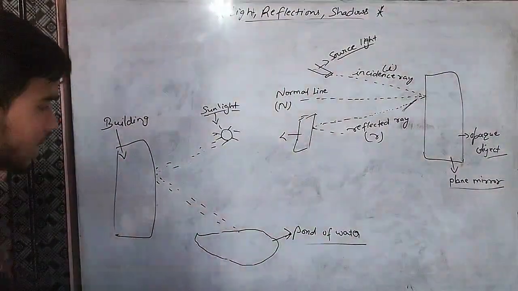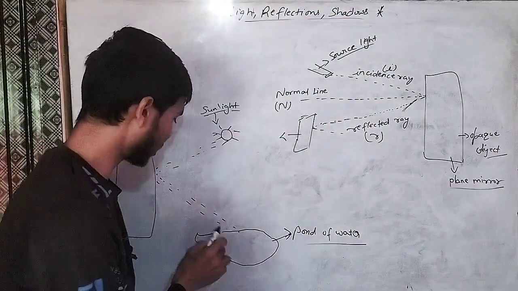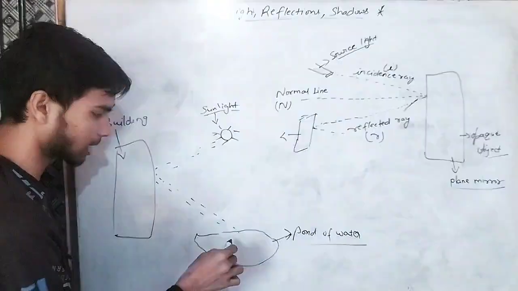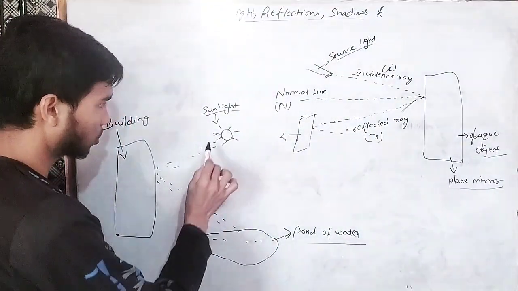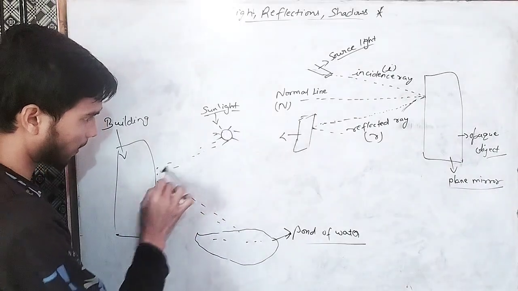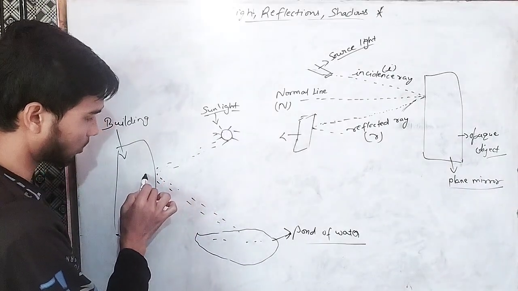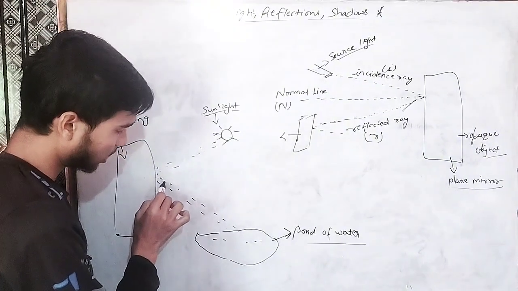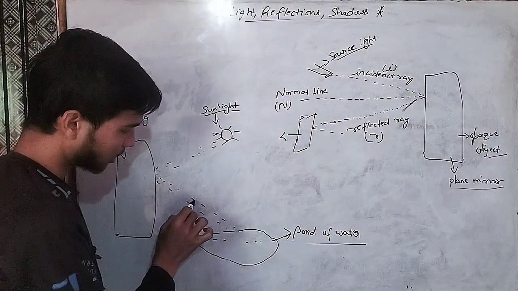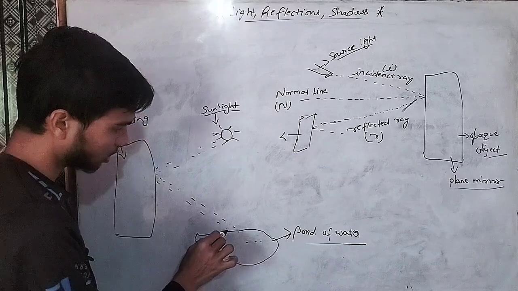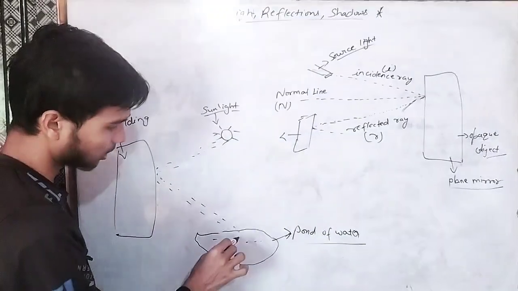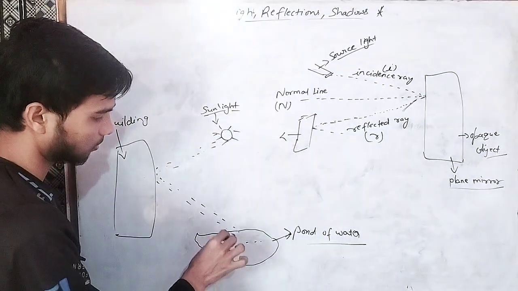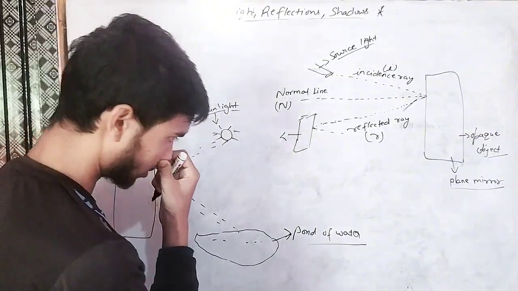Here we can see the image of this building inside the water, because light is falling on the surface of this object, and it is turning, and this light hits inside the water.